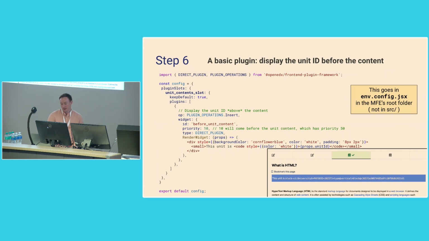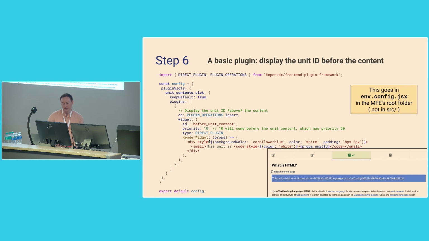For this example, what we're making is this blue header that appears before the unit. So give it a priority of 10. The type is direct plugin because it's not an iframe. And then the last thing that's required is render widget.